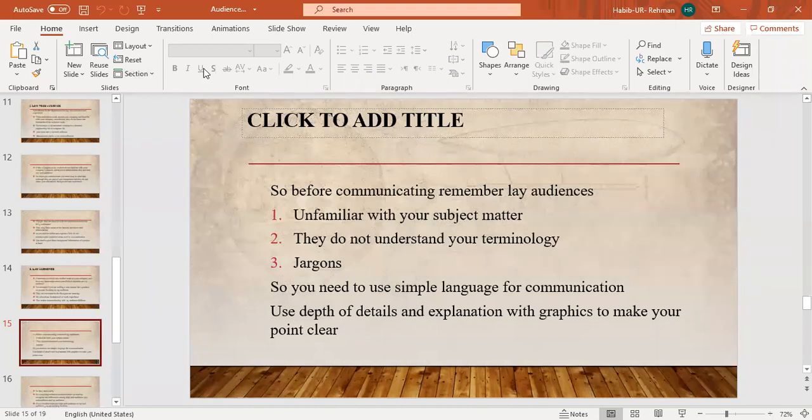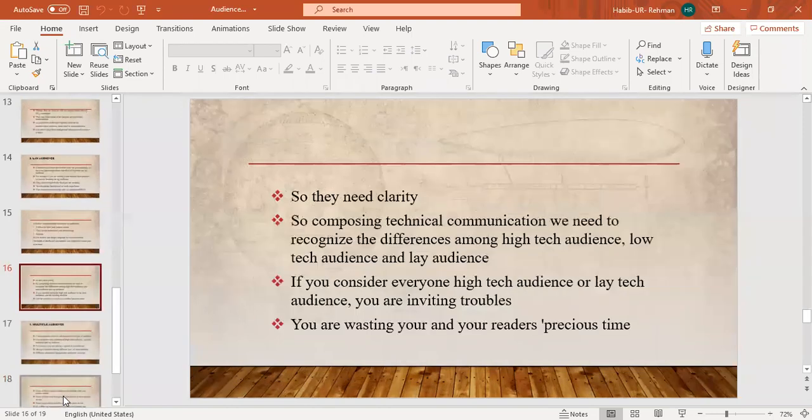So you need to add graphics, details, and in-depth analysis to make your point clearer to a lay audience. Because the lay audience doesn't know anything about your field, you should provide them a clear and concise message. In composing technical communication, we recognize these differences, and we should communicate accordingly.